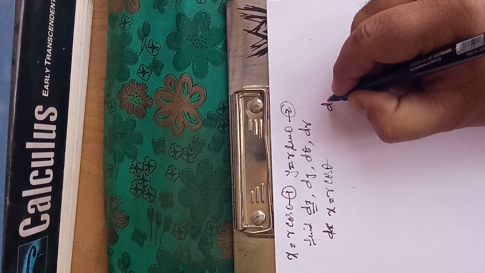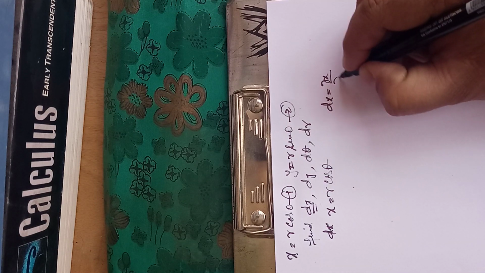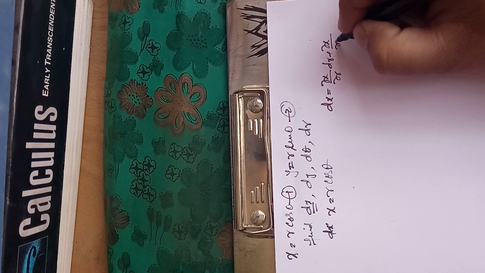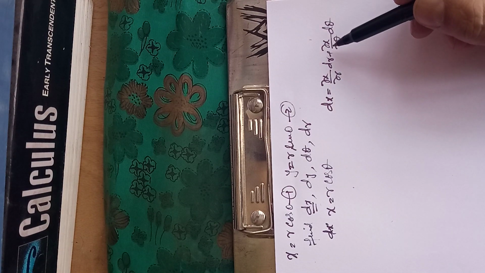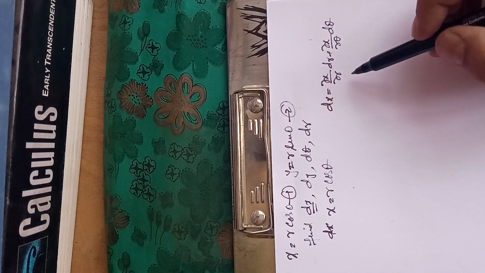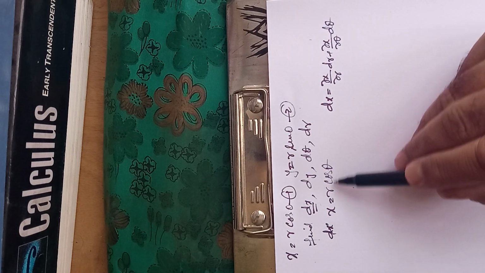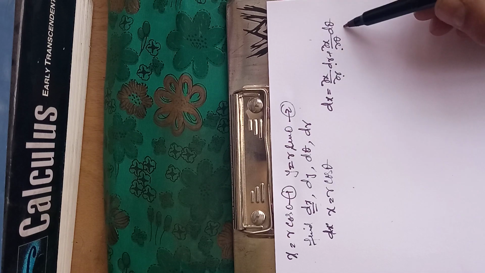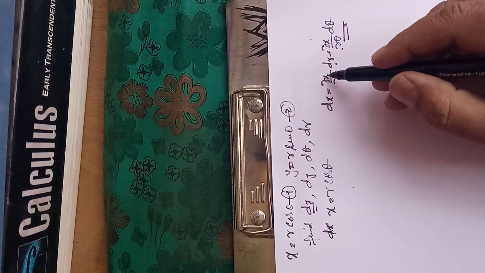So if I write dx, dx will be del x by del r dr plus del x by del theta d theta. Because if z is a function of x and y, then dz is del z by del x dx plus del z by del y dy. Here x is a function of r and theta, so you will have del x by del r dr plus del x by del theta d theta. This is it. Now it is quite easy to find del x by del r.